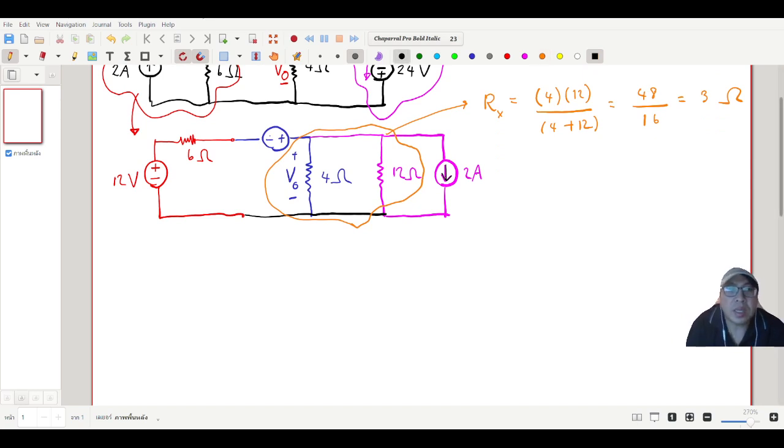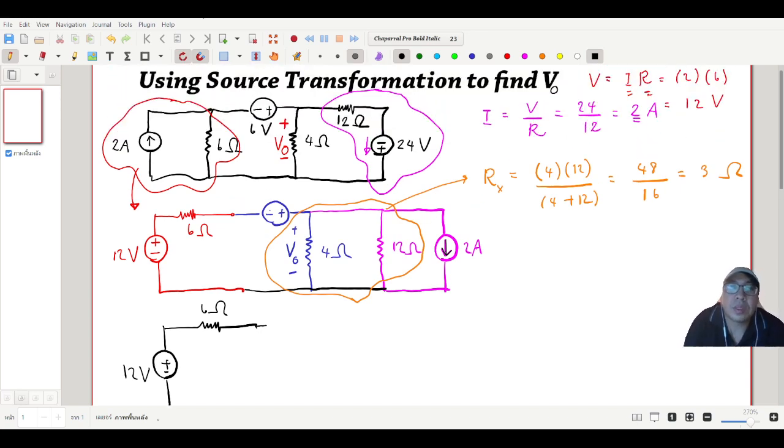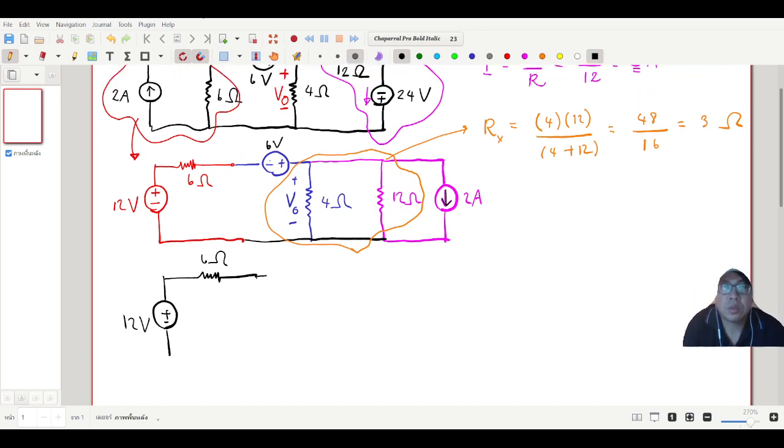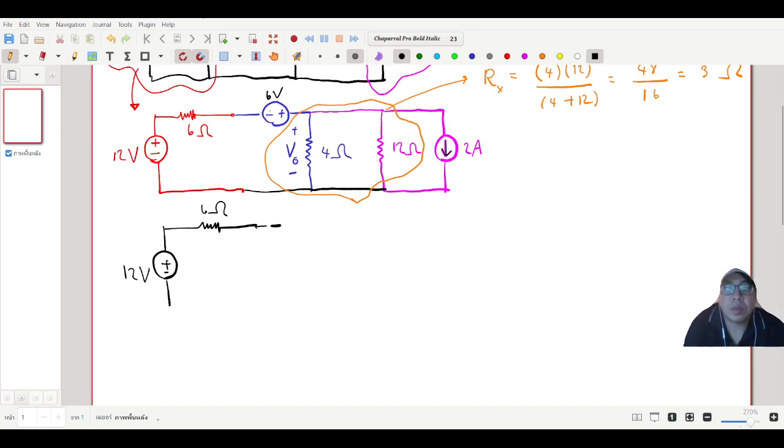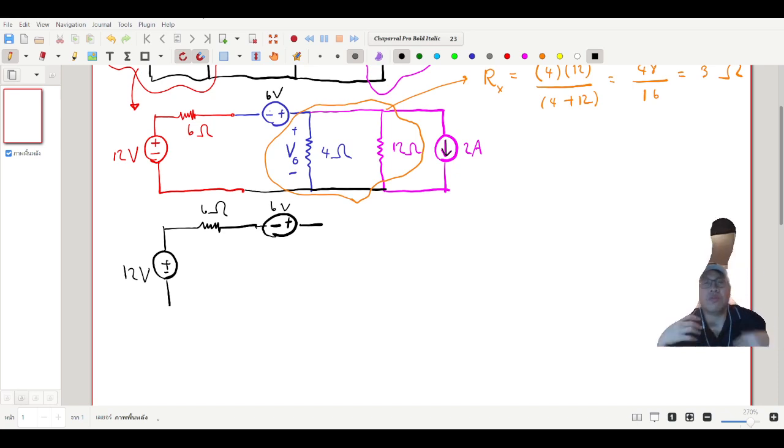We redraw the circuit again. Right now we have 12 volt like this and 6 ohm here. There are 6 volt in series with the independent voltage source, 6 volt, and the parallel combination of the 4 ohm and 12 ohm is 3.